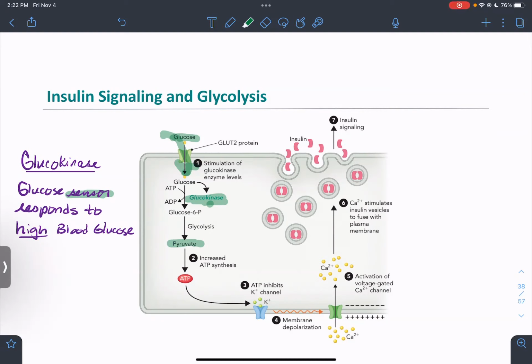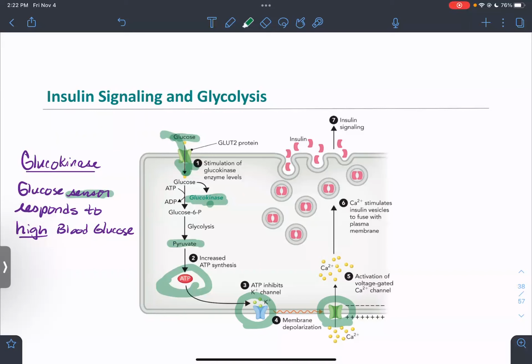But what's different about pancreatic cells is once you have a high level of ATP, it's going to inhibit potassium channels that are on the membrane of the pancreatic beta cells. And so that's going to induce depolarization of those membranes. When that depolarization happens, it has an effect on a second transport protein, and that is a voltage-gated calcium channel. Voltage gated means if the membrane's polarized versus depolarized, it'll be open versus closed, right?